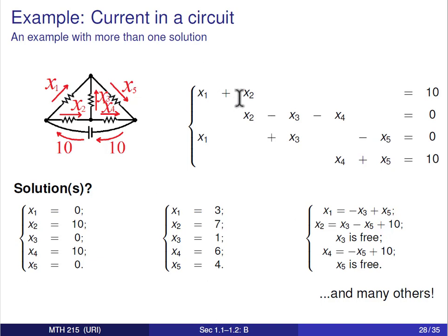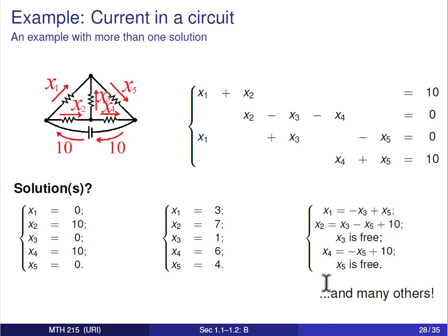Whatever you get for x1 and x2, you add them together and you do get 10, and the second, third, and fourth equations are also satisfied. So this system actually ended up having infinitely many solutions, because of the infinitely many different ways you could choose x3 and x5 to be real numbers.